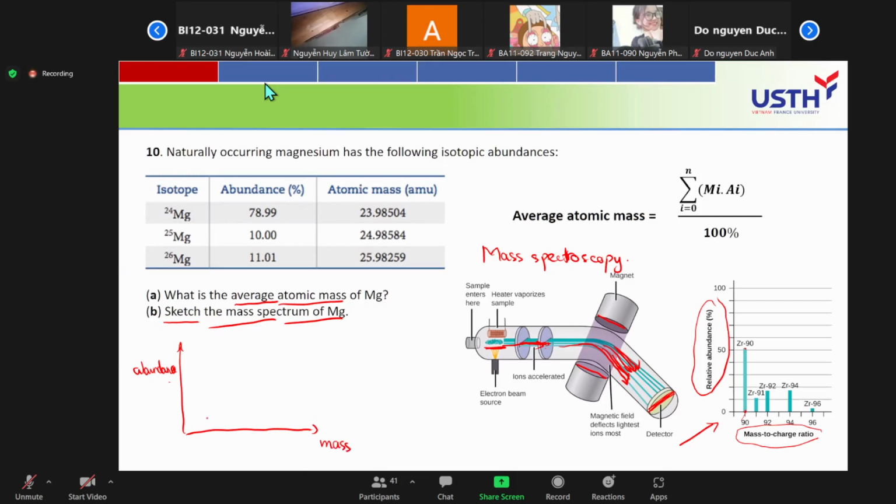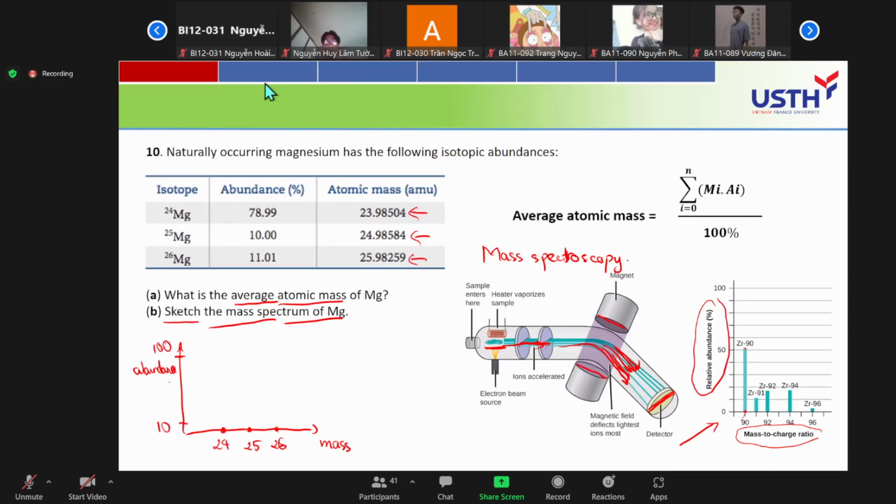You have only three isotopes of magnesium. So let's write here 24, 25, 26. Actually you should write these values, but I don't have enough space. Let's call this one 100, and this one 10.